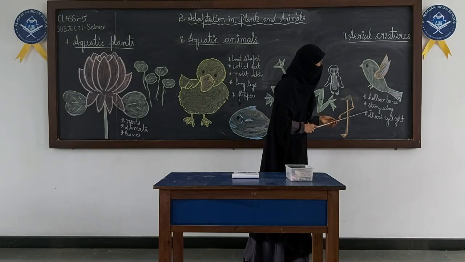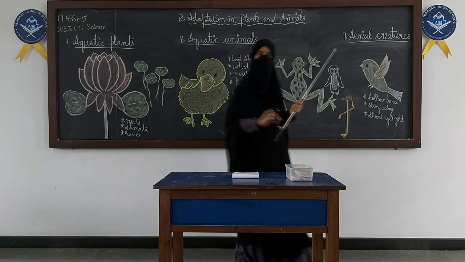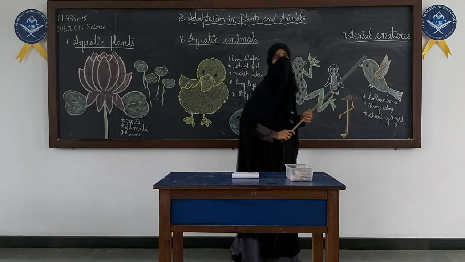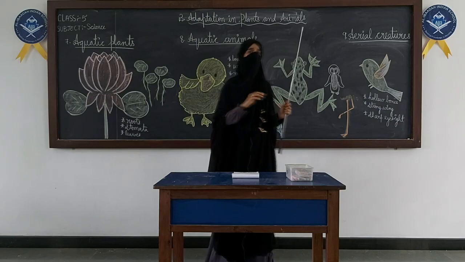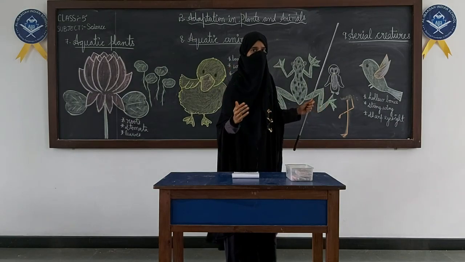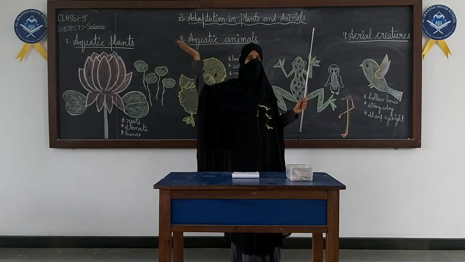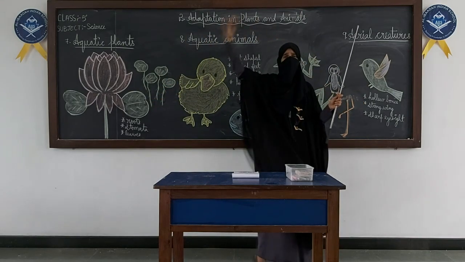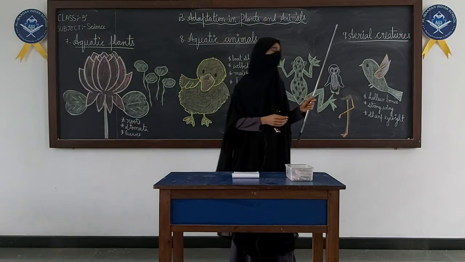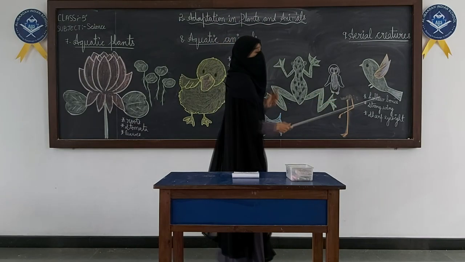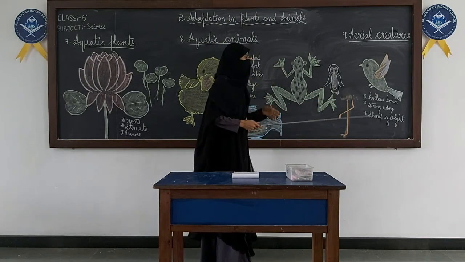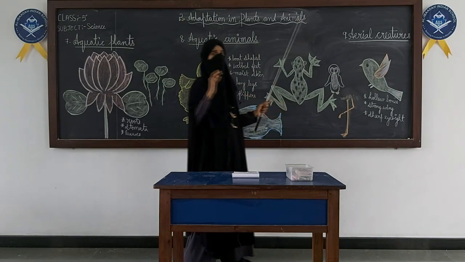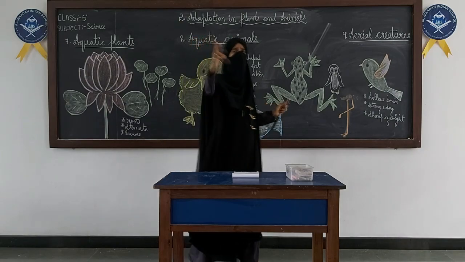And it has very strong wings. Strong wings for those birds which are migrant birds. Some are migrant birds, like they fly from one country to another. They cross thousands of kilometers, so they have very strong wings. And some birds have very sharp eyesight.